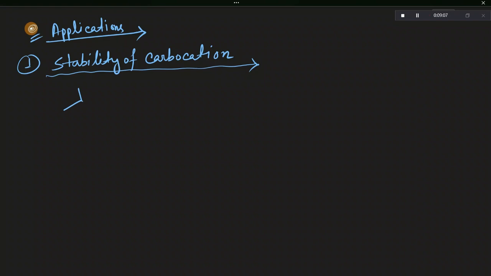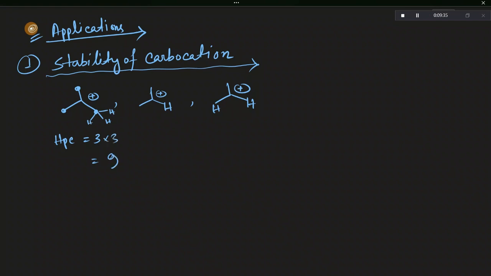For example, this is a 3 degree carbocation, this is a 2 degree carbocation, and this is a 1 degree carbocation. Here these 3 are the alpha carbons, and 3 hydrogens on each, 3 into 3, that means 9 hyperconjugating structures are present.